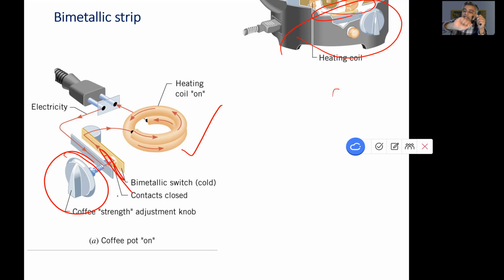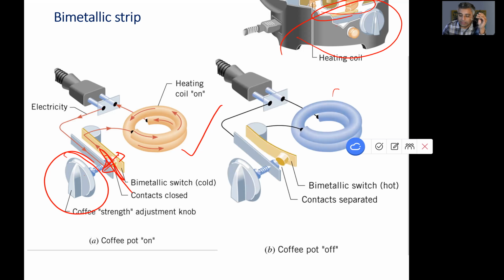You need to turn your knob a little bit more to get a higher temperature. If you want a lower temperature, leave it there. By doing this, you are pushing them together a bit more strongly, meaning it requires more stress to come apart. Once it reaches that temperature, they separate.